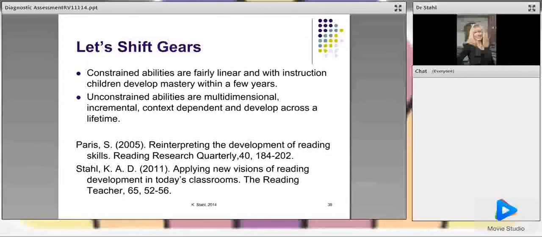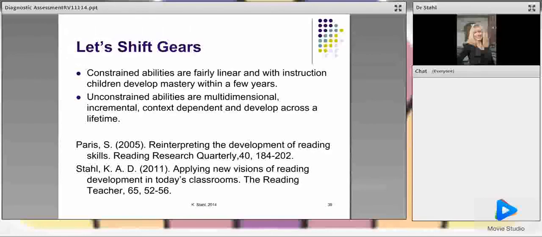They develop in a fairly linear pathway, and with instruction, children are going to develop mastery of those abilities within a few years. They reach a ceiling. Basically, those skills are either known or not known. They either know the letter V and how it sounds and how to write it, or they don't. They either know the pattern ATE or they don't.